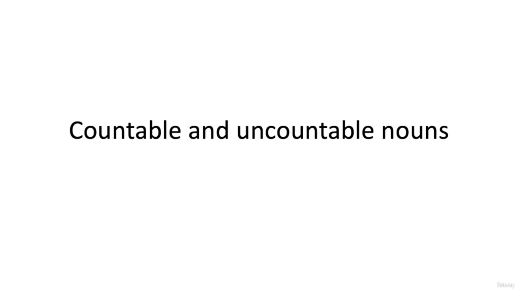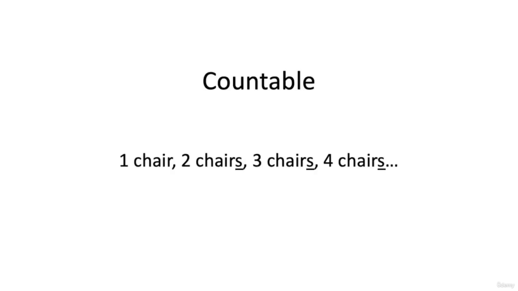Our next category of nouns are countable and uncountable. Countable nouns, as you can guess, can be counted, and they have singular and plural forms. A countable noun becomes plural by adding s at the end of the word.